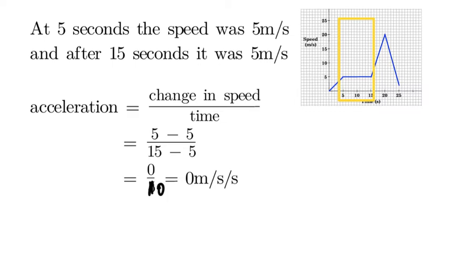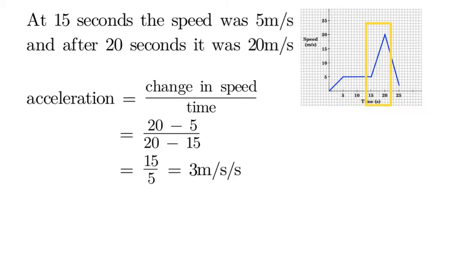And 0 divided by 10, when my math is correct, should be 0. So we've got 0 metres per second per second as our acceleration. In other words, we had no acceleration, so it didn't change speed. Speed remained the same, and our graph shows us that too.